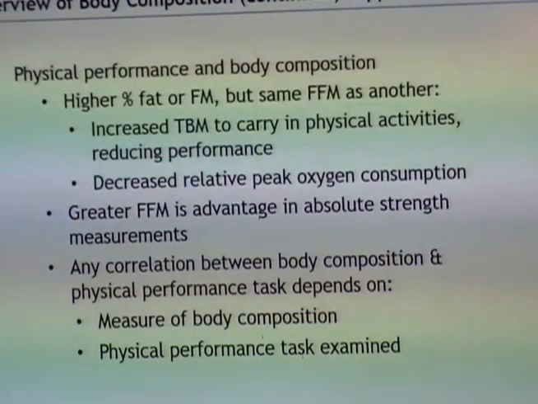So running, jumping. I'm at less disadvantage if I'm throwing, right? Or swimming, biking to some extent, right?